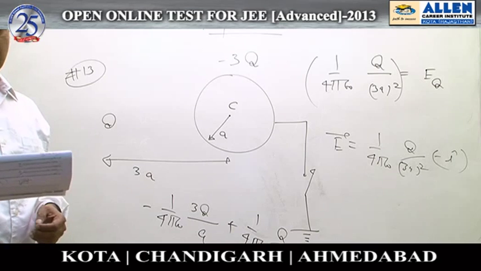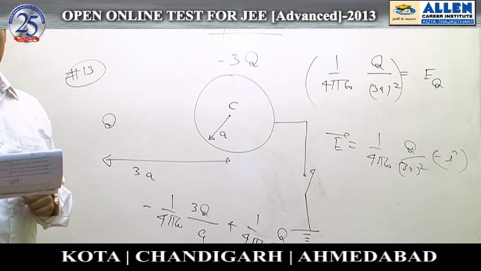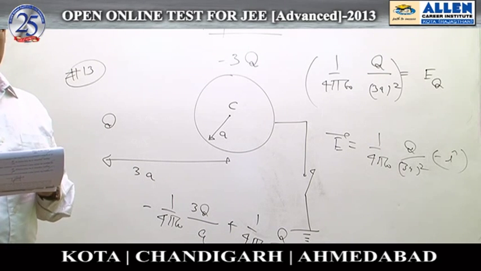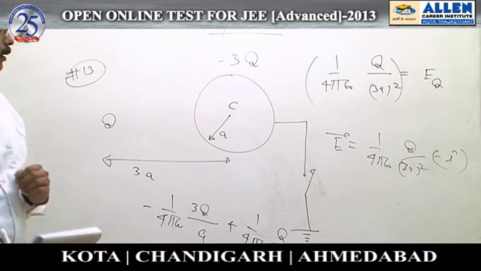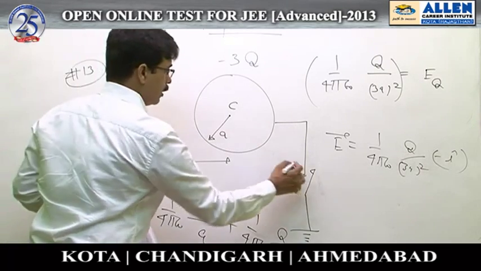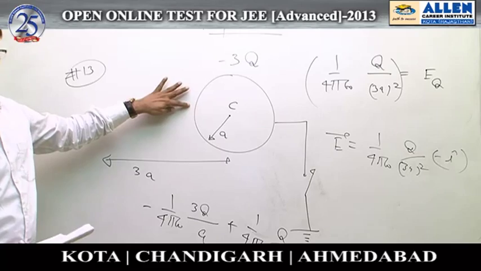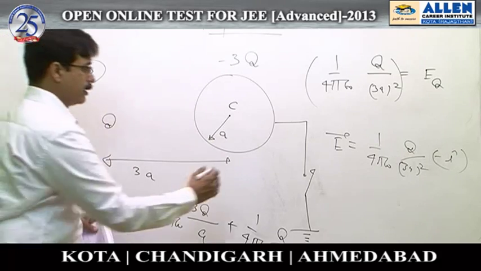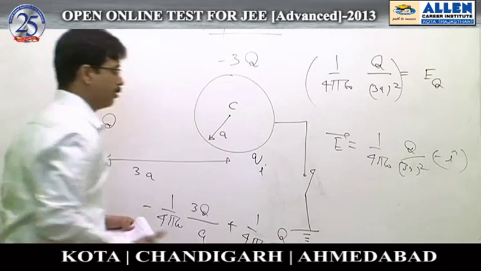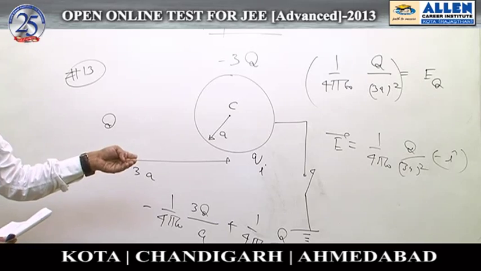Lastly, we come to option C. After closing the switch, the potential of the shell becomes 0. Now suppose an induced charge Qi appears on it after closing the switch.